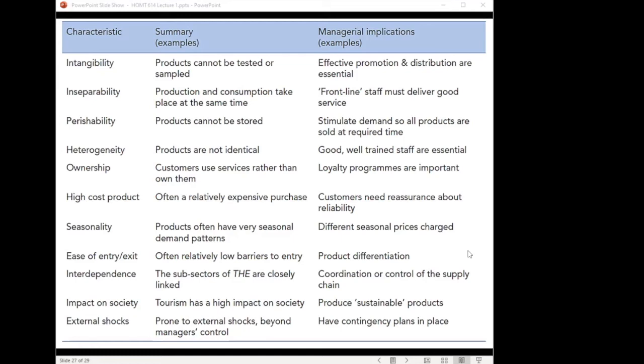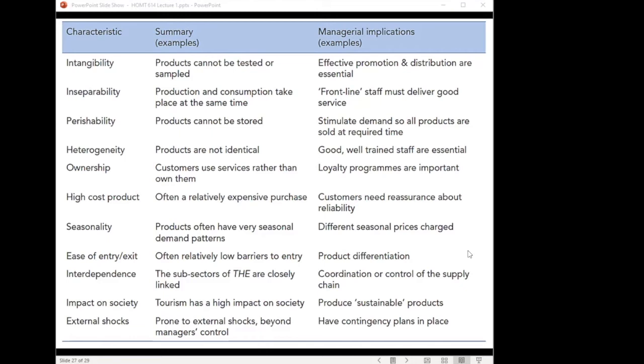In terms of perishability, we established that products in the industry cannot be stored. So based on the examples we gave, we observed that firms and institutions in the industry try to put in place measures to offset the effects of this perishability criterion that we identified.